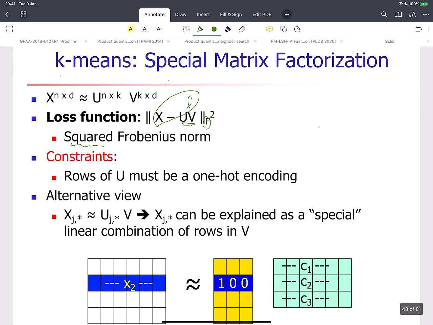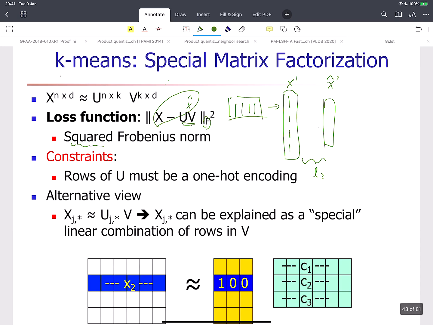If X is in general a matrix, you can concatenate it into a very long vector. Let's say this is our X prime, and you do the same thing for X hat prime, and then you take the L2 distance. That's the simplest view.